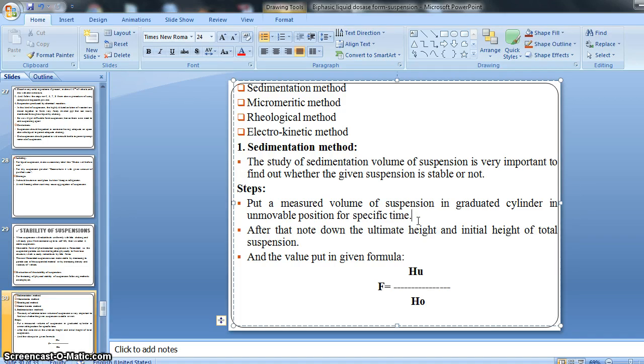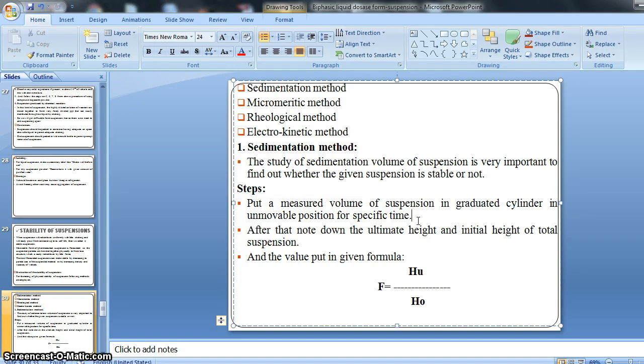Graduated cylinder means that the cylinder has a number scale on its surface. There is a measurable scale, or graduated means a numbering scale on it. I think you know that the measuring cylinder contains a number scale, right? 10 ml scale, then 0 to 10, 0 to 15, right?